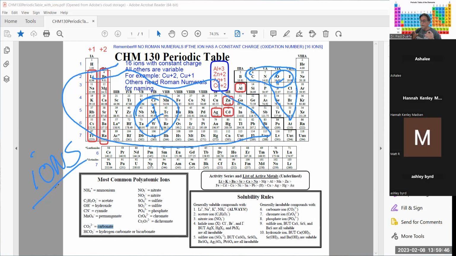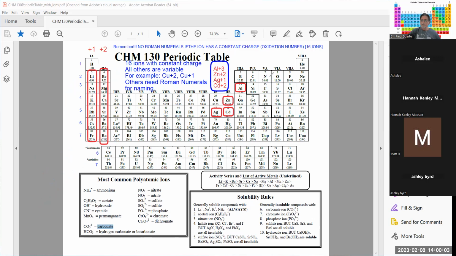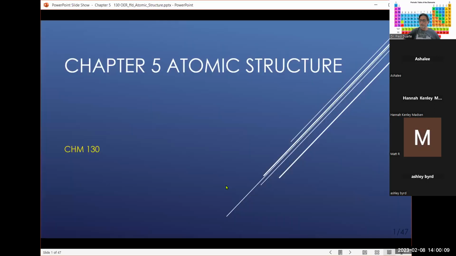And how many they lost and how many they gained depends on where they're at in the periodic table and how close they are to gaining that magical 8. All right. So more on that in a bit, but we're gonna use this periodic table quite a bit to get a lot of information I just talked about. So we don't really have to sit there and memorize all this.